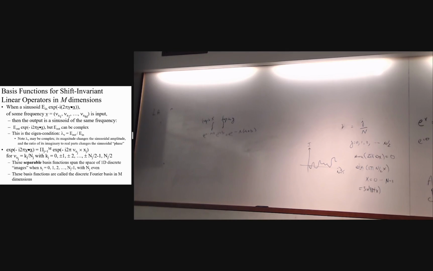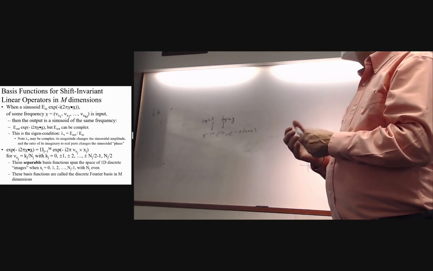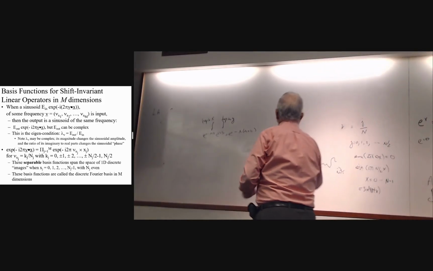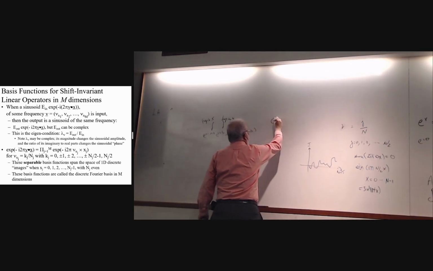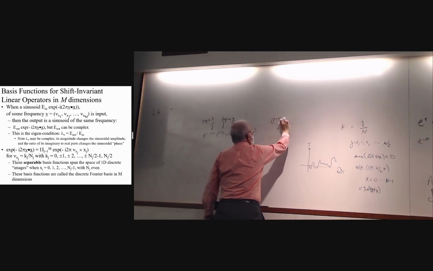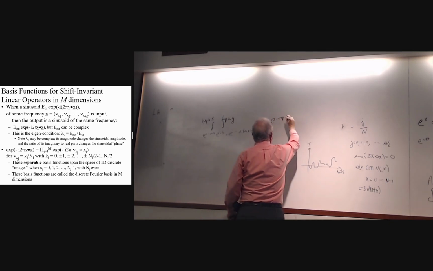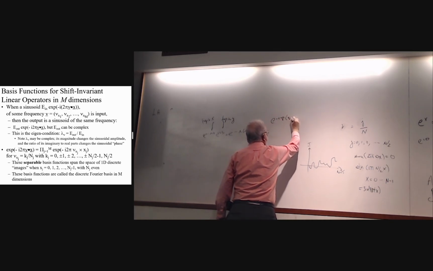Okay, so the sinusoids now for, let's say, two-dimensional images are going to be e to the minus i 2 pi times nu sub x plus nu sub y.